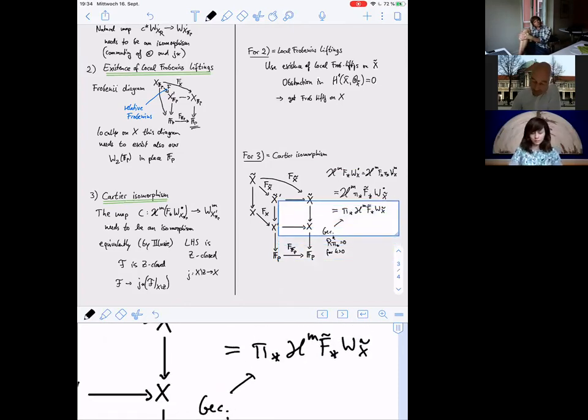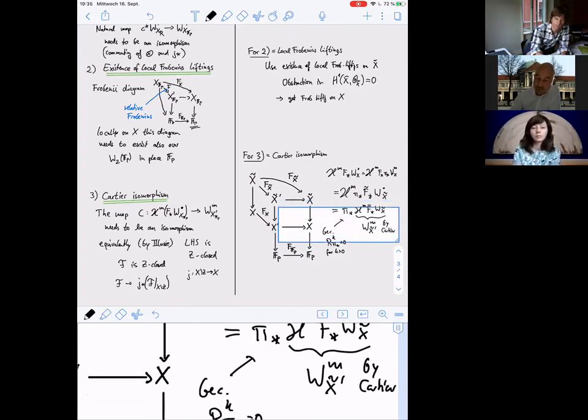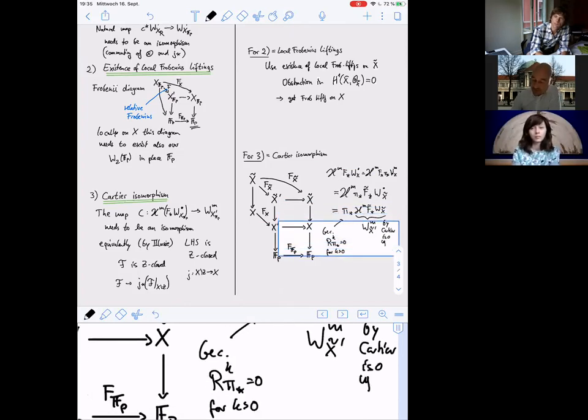That then allows us to use the Cartier isomorphism upstairs, which identifies the sheaf with the differential forms on the Frobenius base change space by the Cartier isomorphism upstairs.